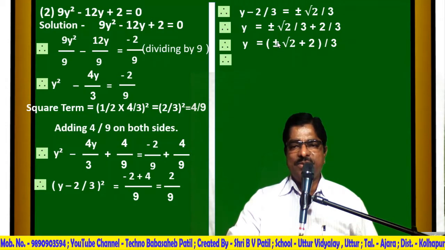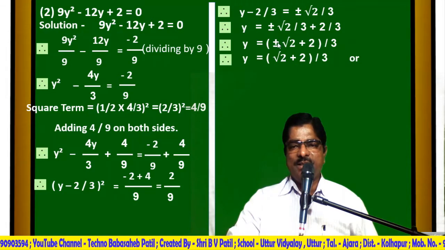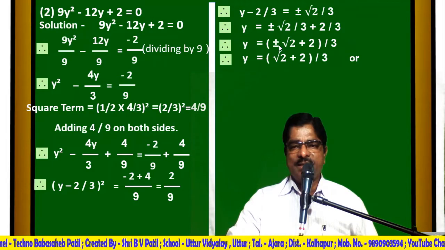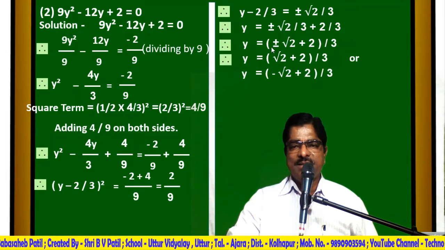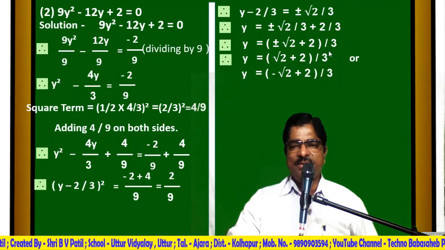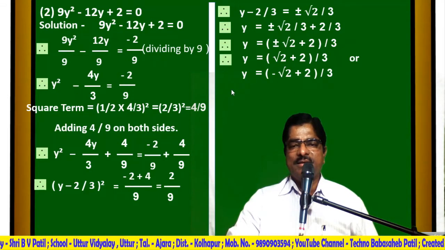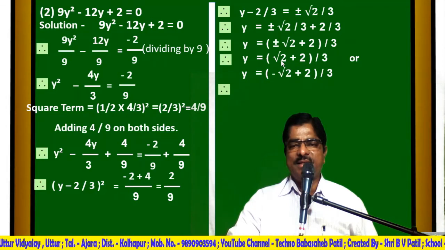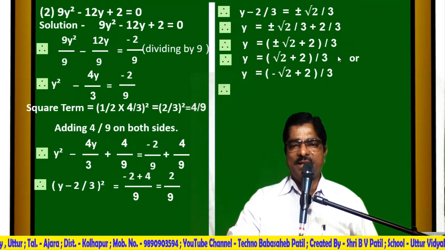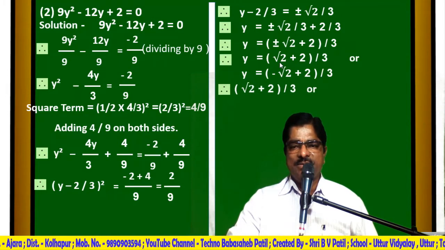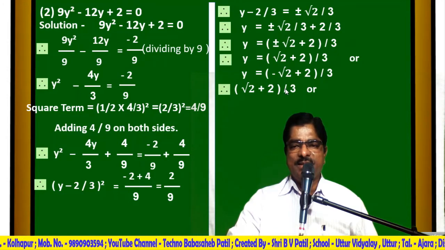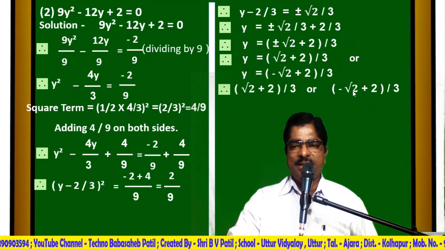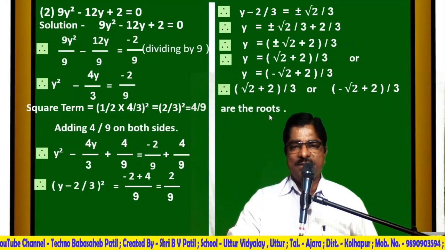First, positive root 2: y is equal to root 2 plus 2 divided by 3, or second, minus root 2: y is equal to minus root 2 plus 2 divided by 3. We cannot add here because one is rational and the other is irrational. These values are the roots. Therefore, root 2 plus 2 divided by 3 or minus root 2 plus 2 divided by 3 are the roots.